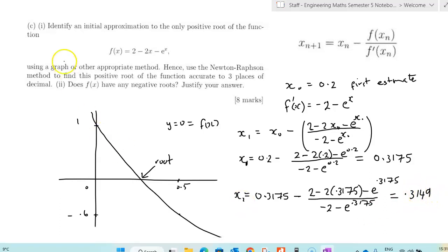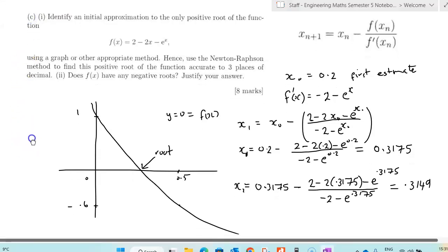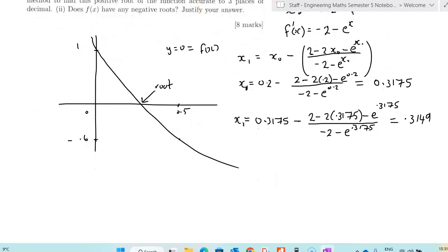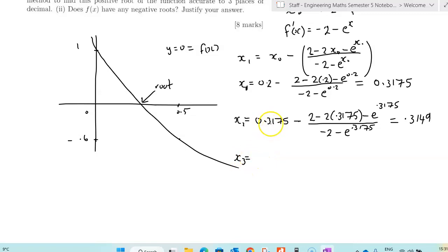Okay, so now I'll scroll down a bit. And this is a repetitive thing, so now I'm going to do it again. x3 is going to be where we change the 0.3175 to 0.3149. So it's getting close there. If this was to 3 decimal places, it would be 0.318, and this to 3 decimal places would be 0.315.